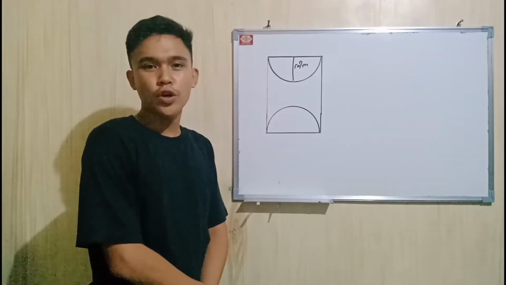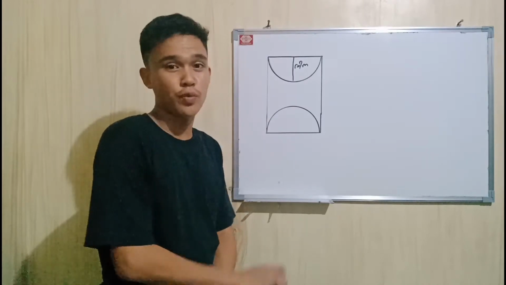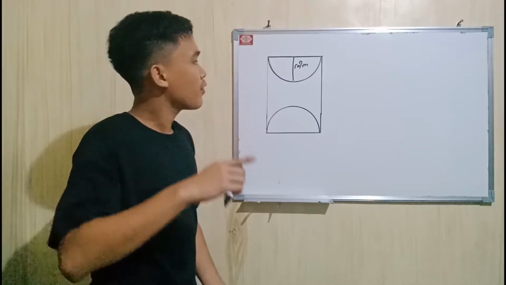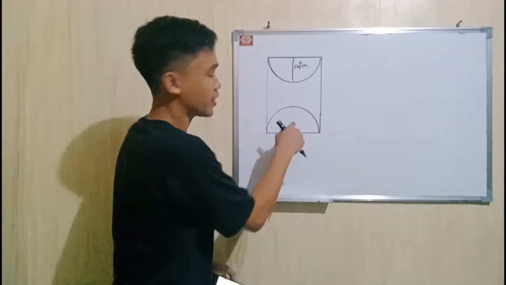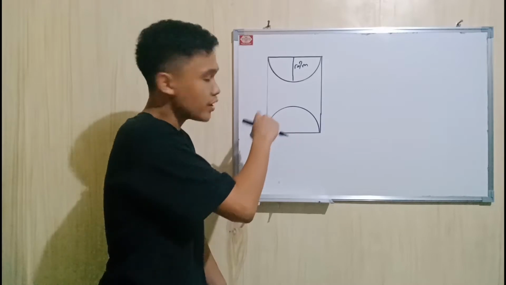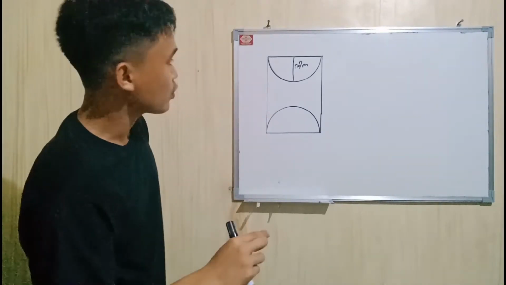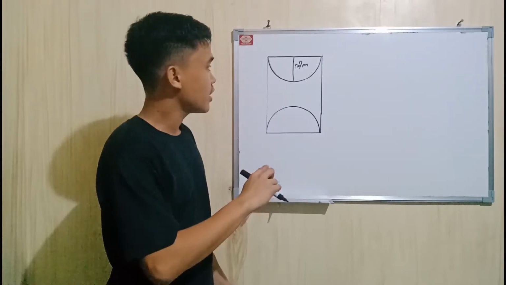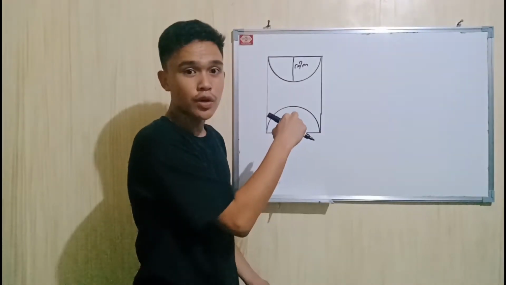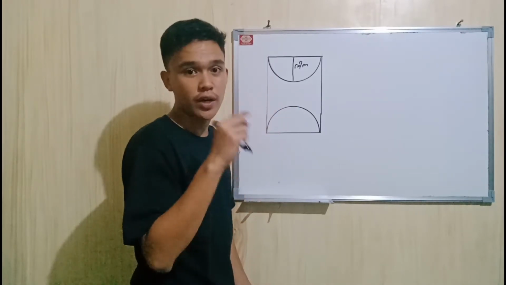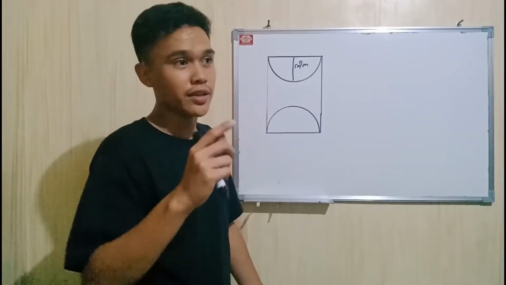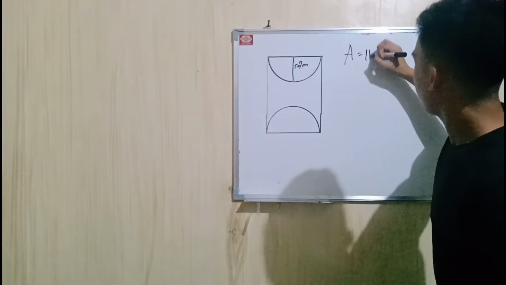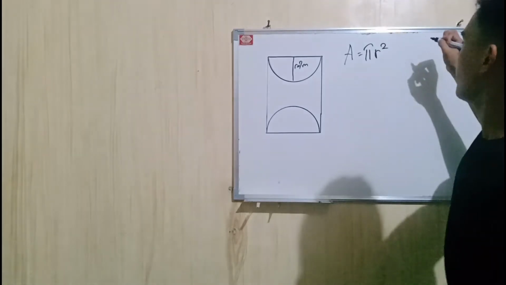Okay guys, to know how many cans will be consumed to paint the two semicircles, we will first find the area of the 2 semicircles, or the inner portion of the 3-point line. Since they are equal, they will form a circle. Then the formula for a circle is pi r squared.